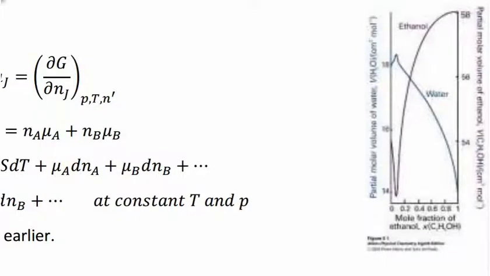If I say that I am at some mole fraction of ethanol, let's say 0.4, and I tell you that it has Na moles of water and Nb moles of ethanol, and then I ask you what's the total volume of the system.